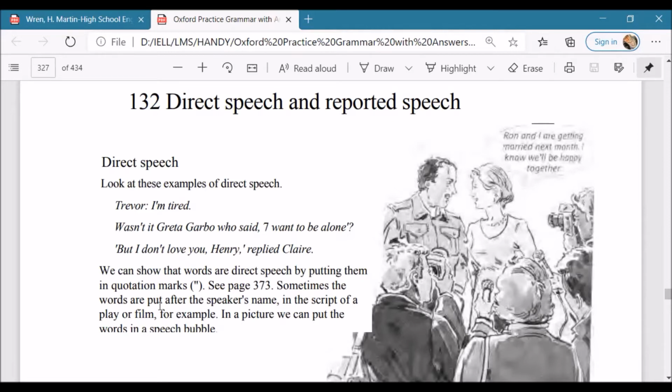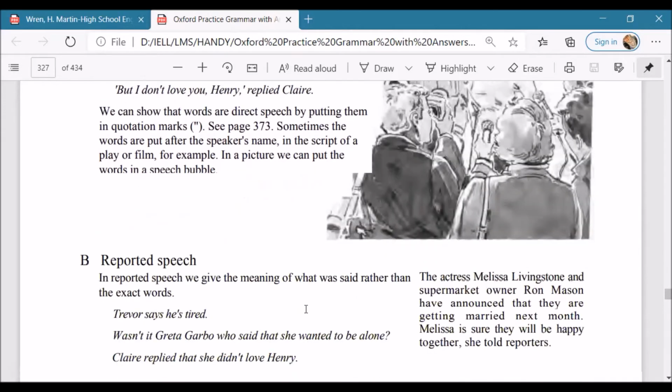Sometimes the words are put after the speaker's name, in the script of a play or film. In a picture, we can put the words in a speech bubble. Here we have a speech bubble, showing that she is the person who is saying these words. So we could use quotation marks, or show in a bubble that she is saying these words. That would be direct speech.